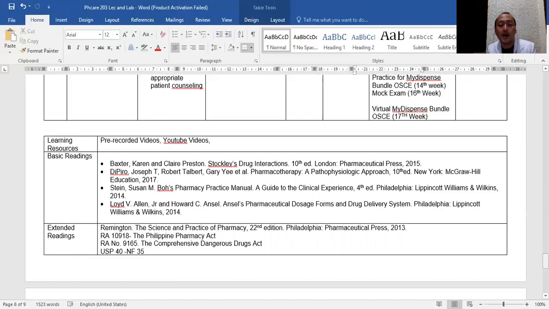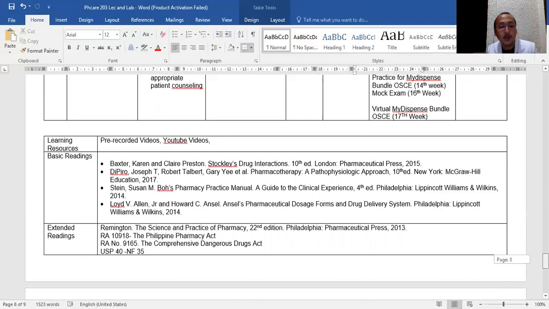You'll be able to incorporate your basic knowledge of pharmaceutics because it's very important how they're going to use the device. What are some of the incompatibilities that we have for certain medication?